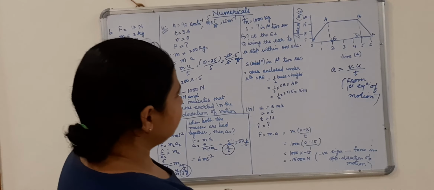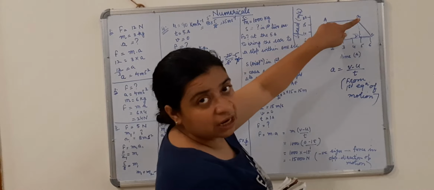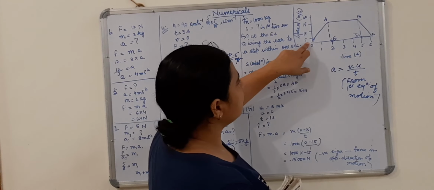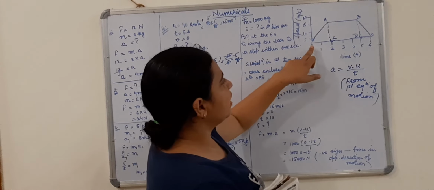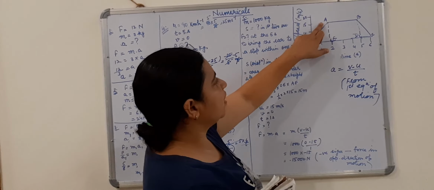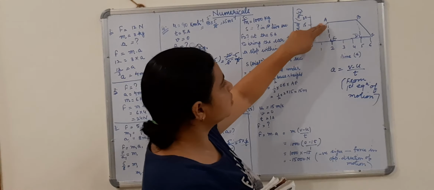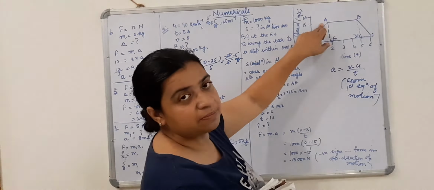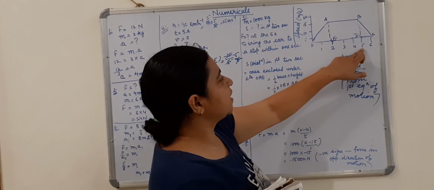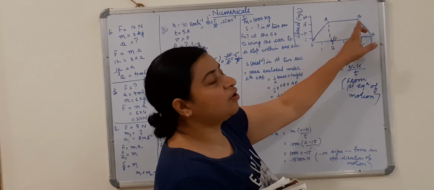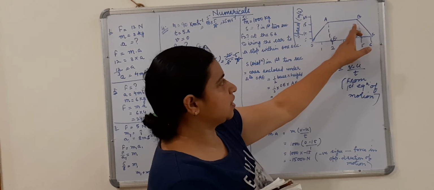In this case, from the graph, it is clear that earlier when the car started, it had uniform acceleration, initial velocity 0, and then the final velocity at the end of 2 seconds was 15 meter per second. Then from 2 seconds to 5 seconds, it moved with a uniform velocity, or you can say constant velocity.